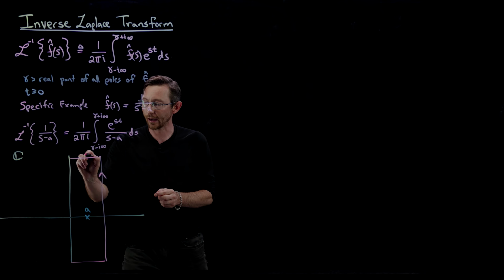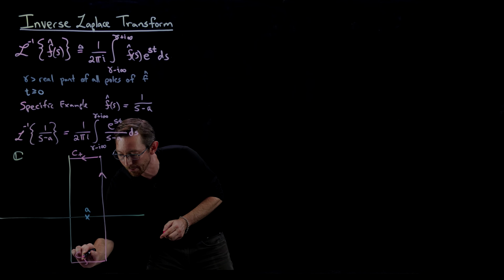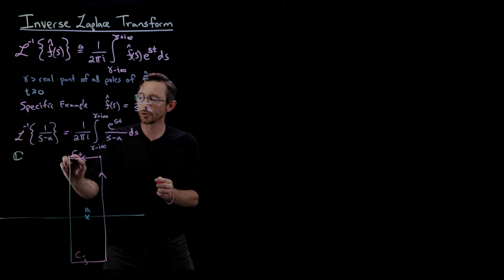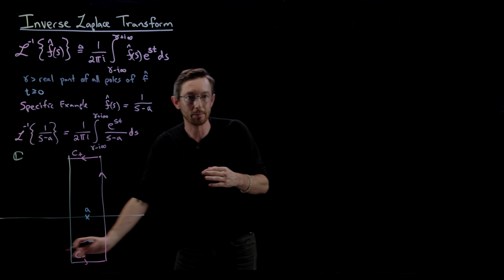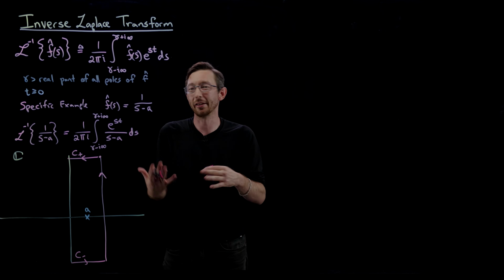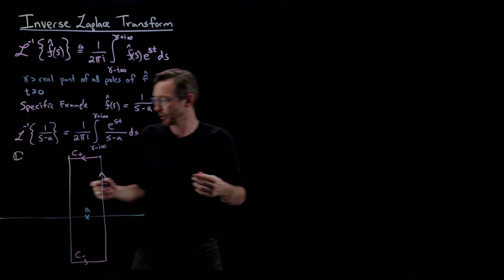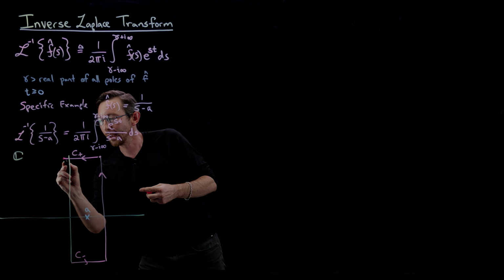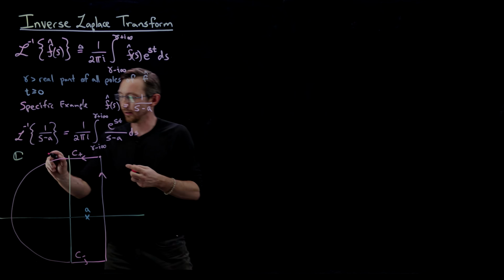I'm going to have a kind of contour I'm going to call C+, and I'm going to have this contour I'm going to call C-, and then I'm going to draw a big circle. So this is the classic integral that people use to solve this problem. There's other ways of doing it, but this is kind of the classic one because it's the easiest approach, where now I would draw a big radius circle here, CR.